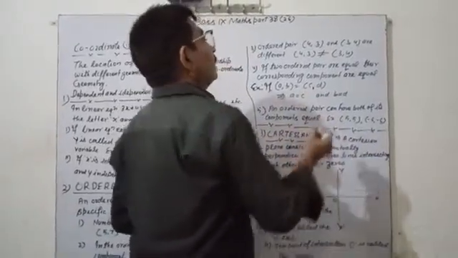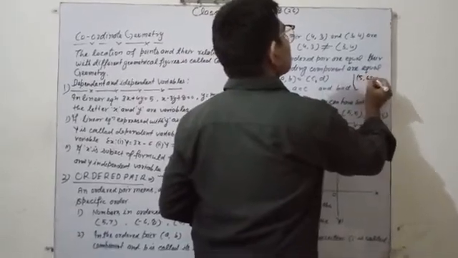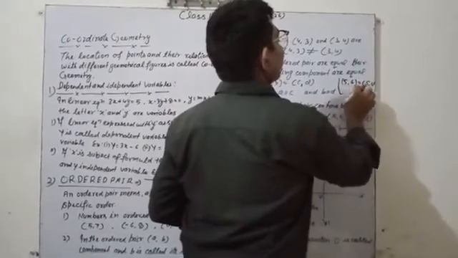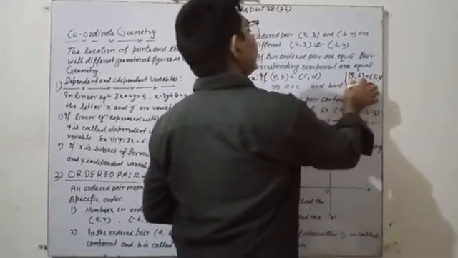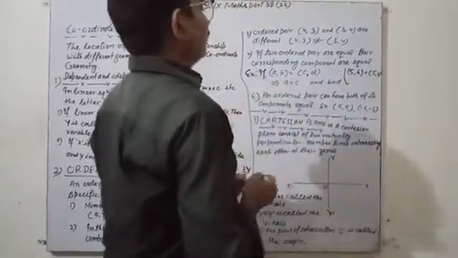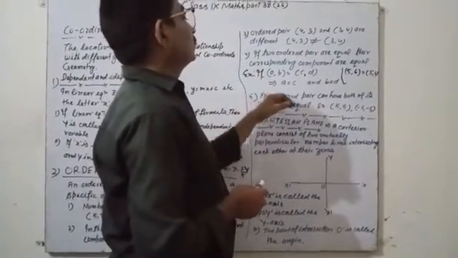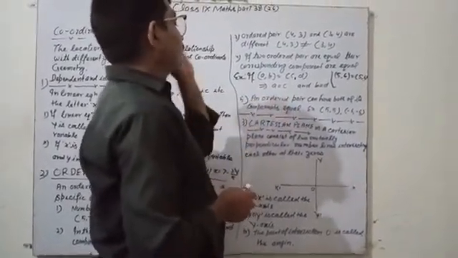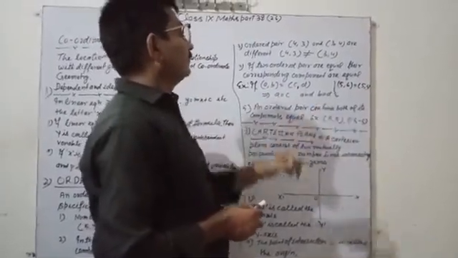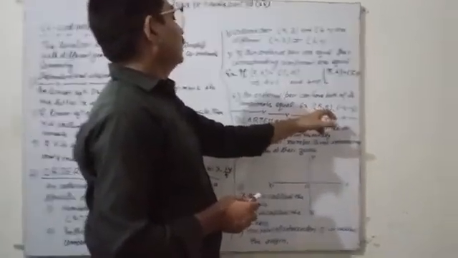For example, (5, 6) may be written as (5, 6); it is possible only when the 5 in the first ordered pair equals 5 and 6 equals 6. An ordered pair can have both its components equal, for example (5, 5), both components are equal.